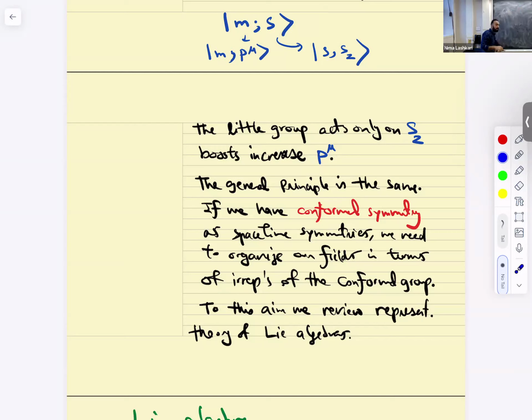What's the Lorentz group? Just, what's the conformal group? Sorry, what am I saying? d minus 1 comma 1. Yeah, d minus 1 comma 1. What's the conformal group? SO(d, 2)?